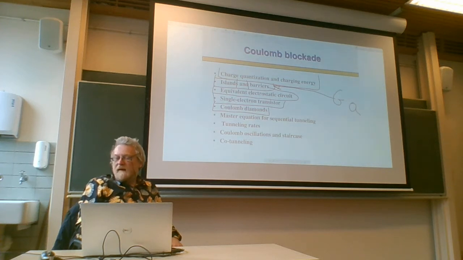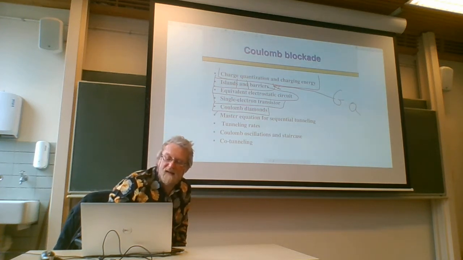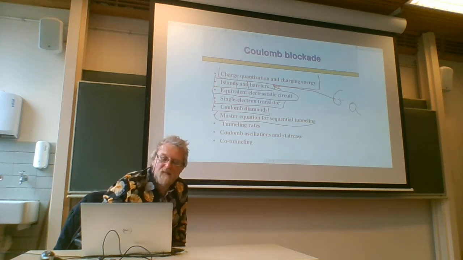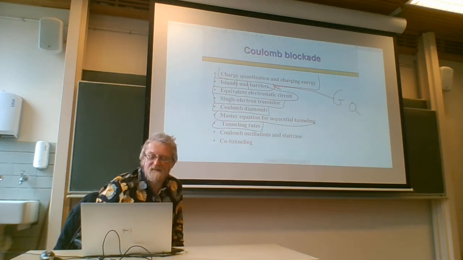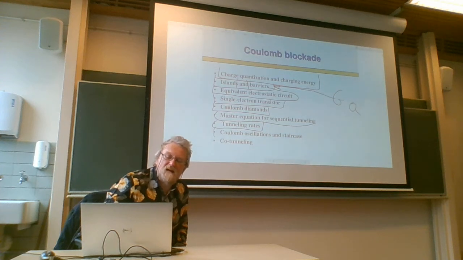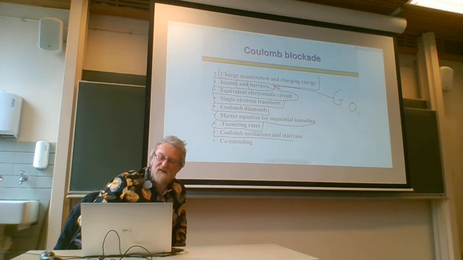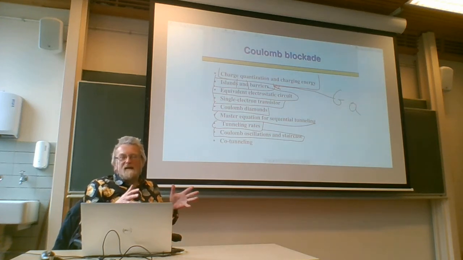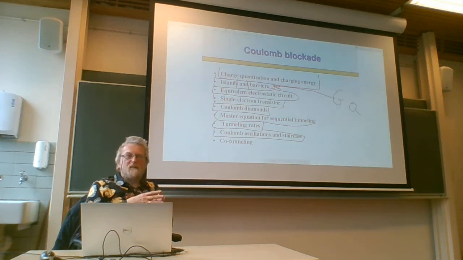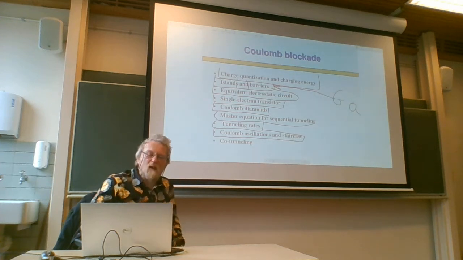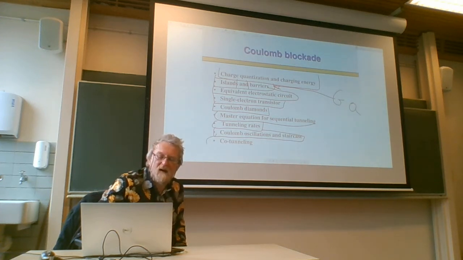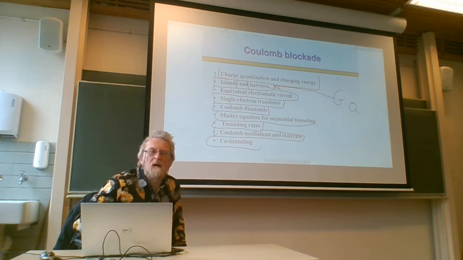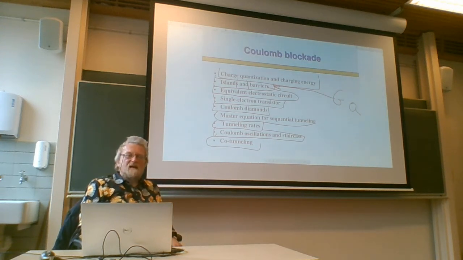We can compute the currents combining the master equation and expressions for tunnel rates. That will allow us to describe features, peculiarities of Coulomb blockade. Finally, we looked a bit at more complex quantum processes which involve more electrons, which are called co-tunneling of electrons in Coulomb blockade circuits.